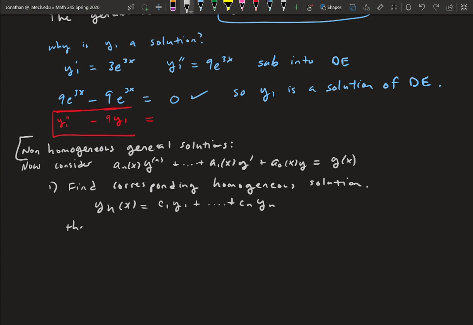That solves L(y) equals 0 instead of L(y) equals g(x).